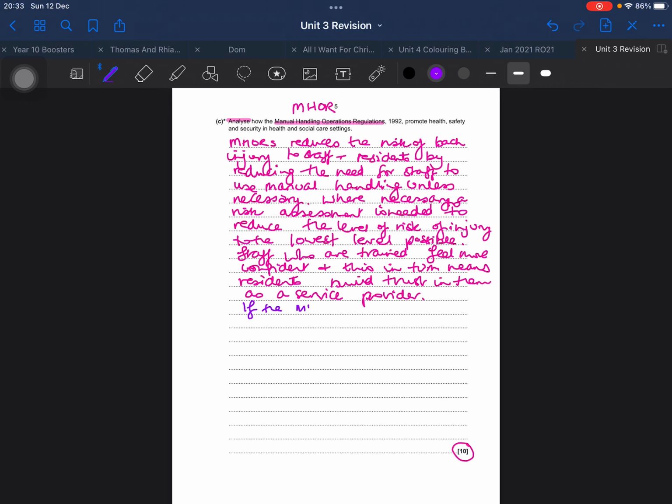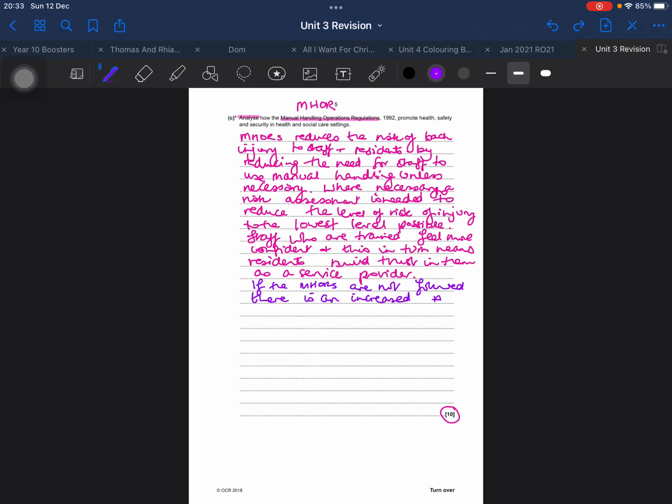So if the rules are not followed, there is an increased risk of injury. Okay, we've got plenty of positives, we've got one negative. That should be enough to score those marks.